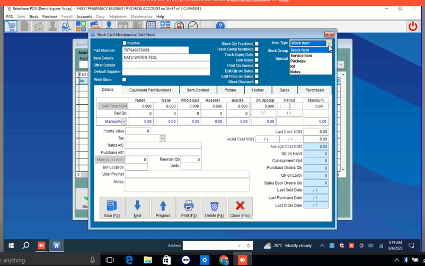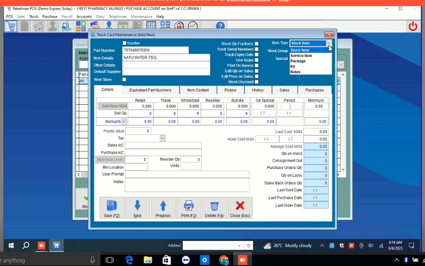You want to know how many you bring in, and when you are selling, the quantity will be deducted from the quantity you have. An item that you want the system to track the quantity you bring in and the quantity you sold out, they are stock items.